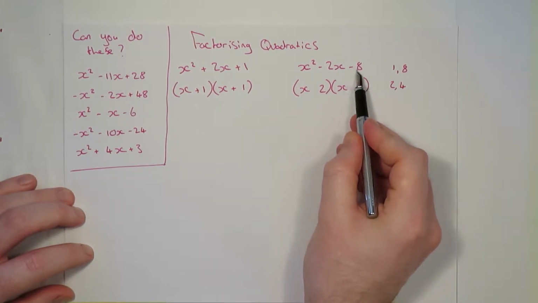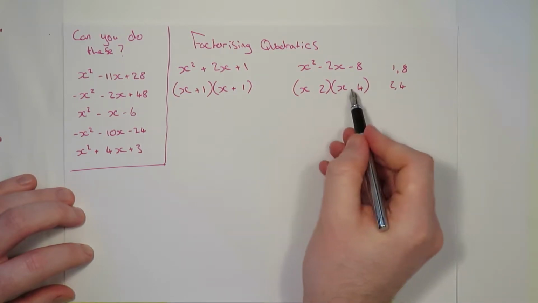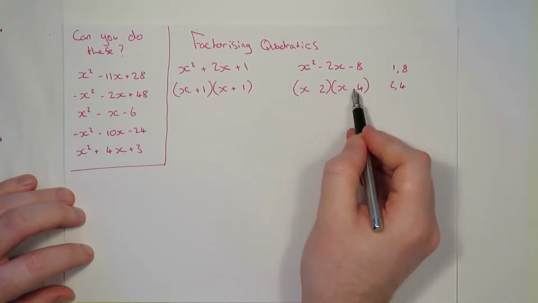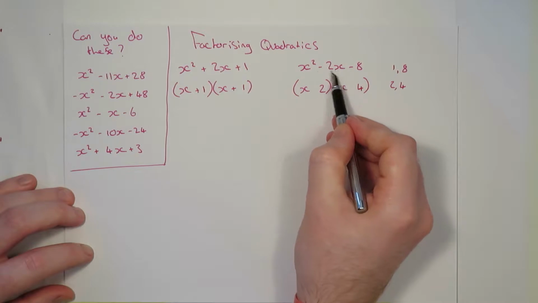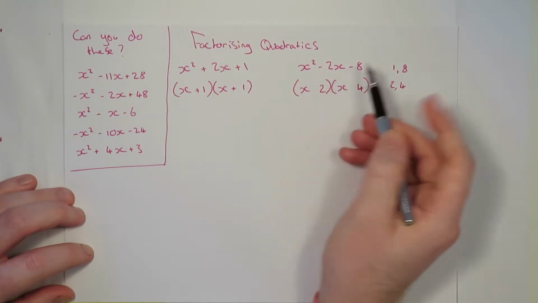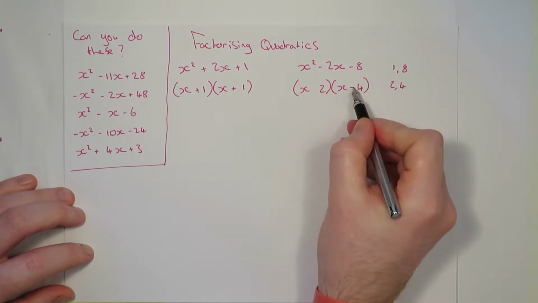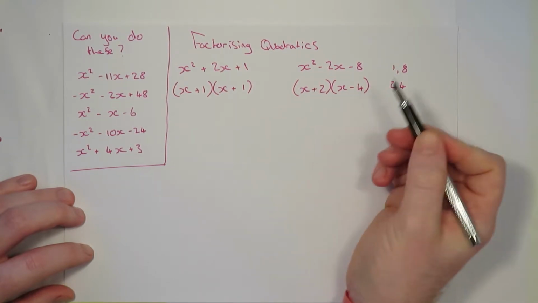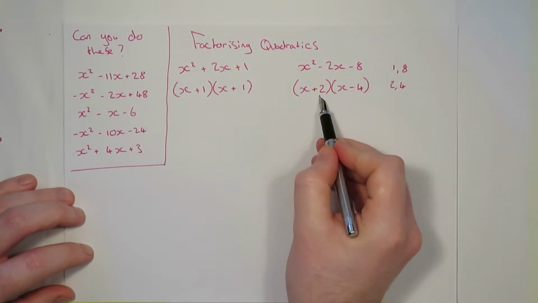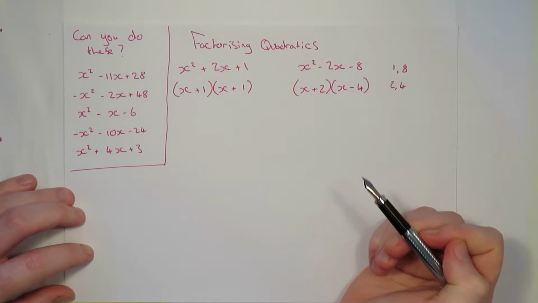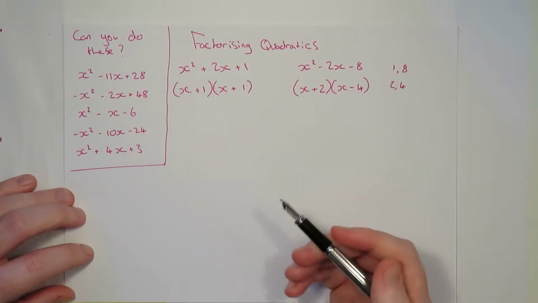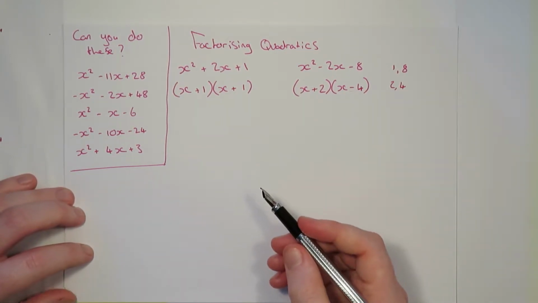These need to multiply together to give negative 8, so one of them must be negative and one of them must be positive. Since this middle term here is minus 2x, that means that the larger of these 2 factors will be the negative one, because minus 4 plus 2 gives us minus 2. So that's what I demonstrated in the previous video.